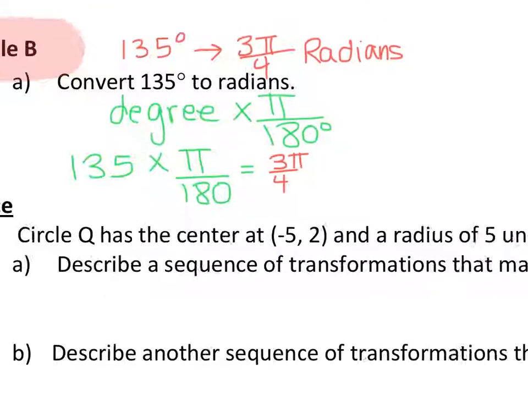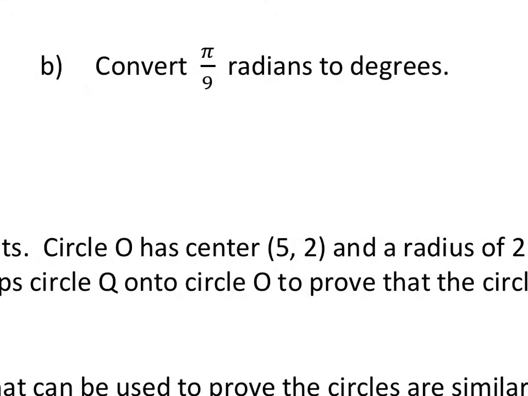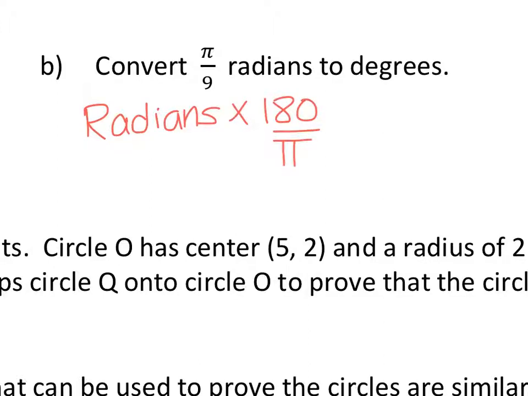Now let's move on to part B. How can I convert from radians to degrees? Now you can choose to use the proportion, you can use the equation which tells you it's radians times 180 over pi, or simply you can replace pi by 180. Don't I know that pi is 180?